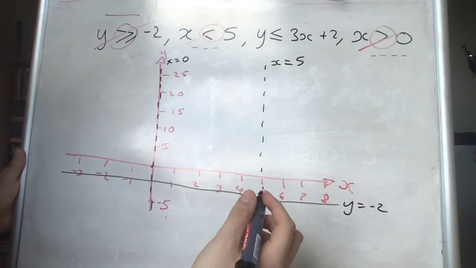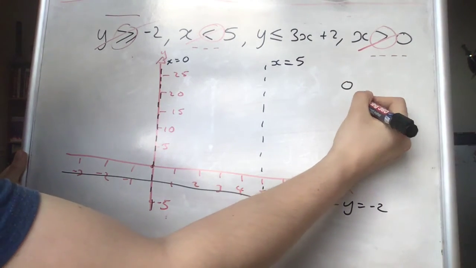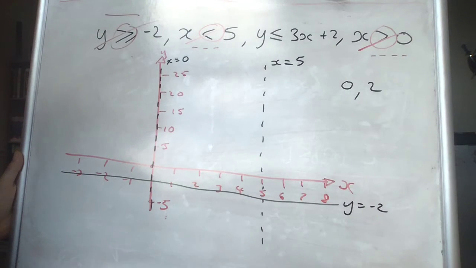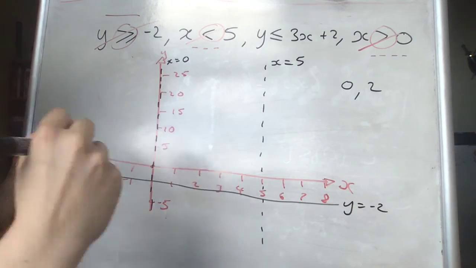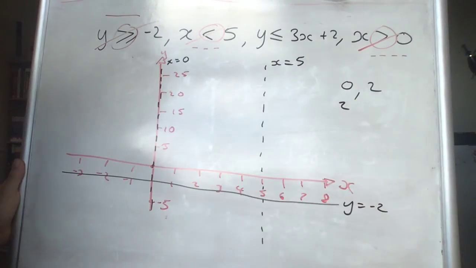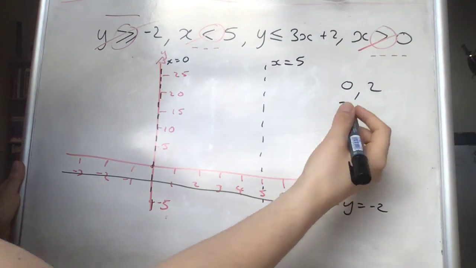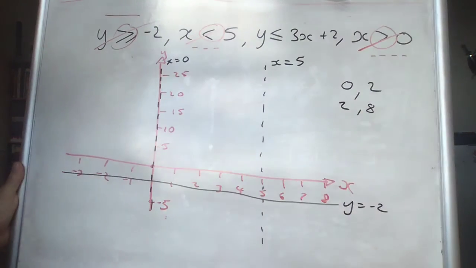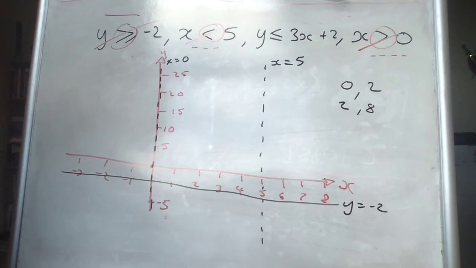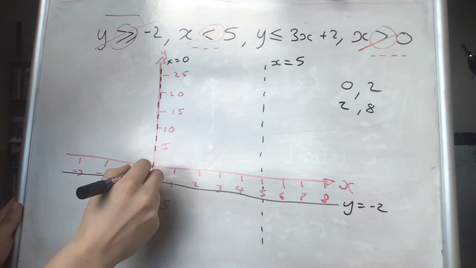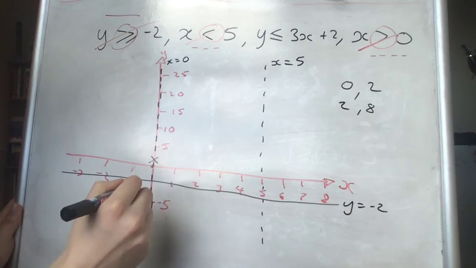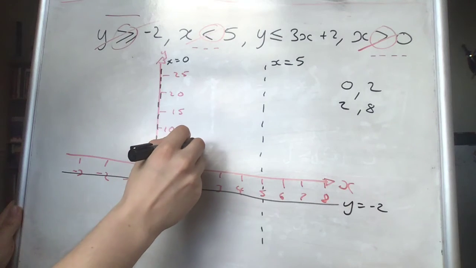So if x is equal to 0, then y is going to equal 2. And if we had x is equal to 2, then we know that y is going to equal 8, okay? And we can just plug those points in to here. So we can have 0 on the x and then 2 up here. And we've also got 2, 8 up here.